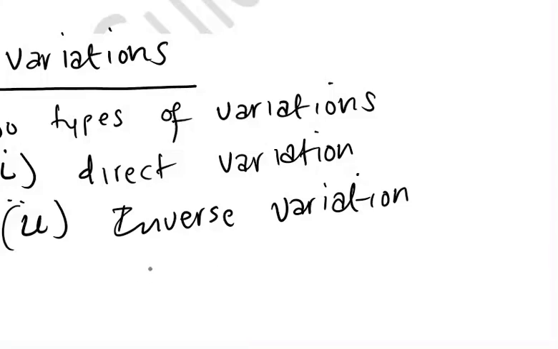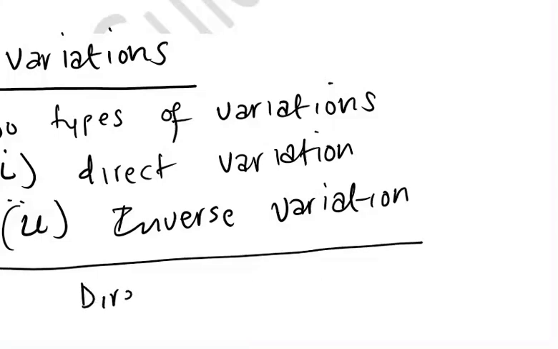So if I say x is direct proportion to y, let me just use some different values. So we start with direct variation.